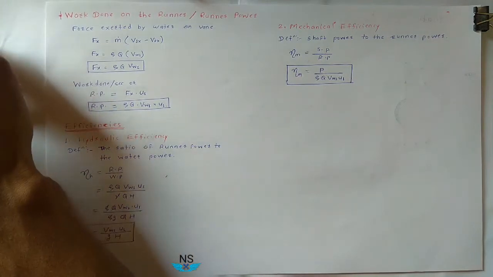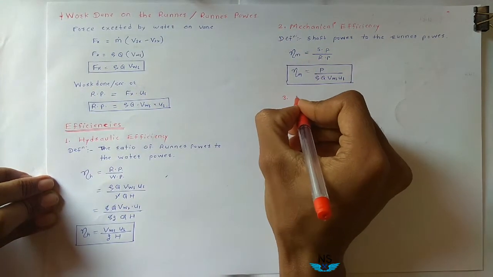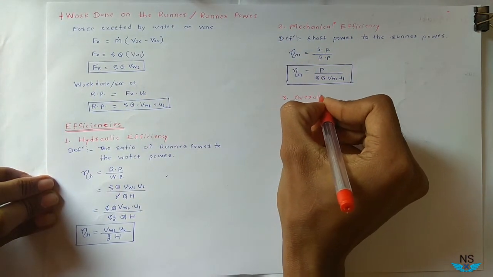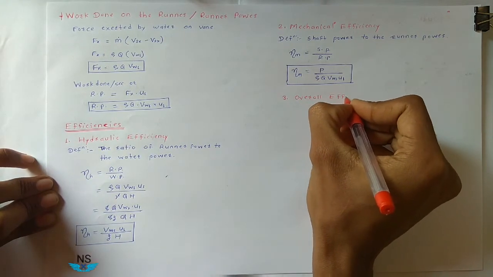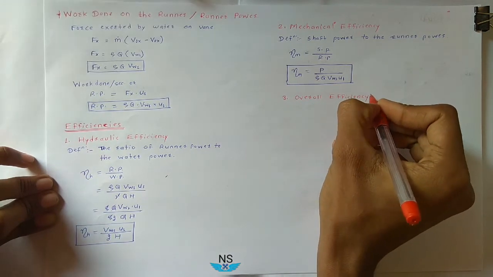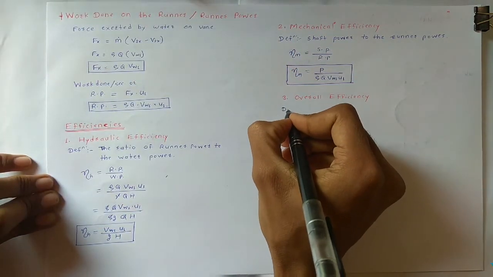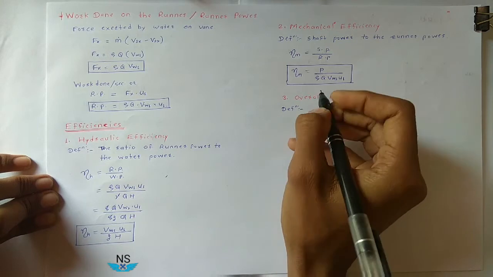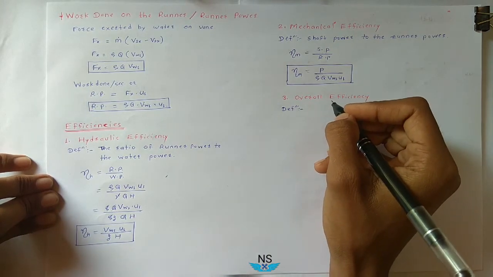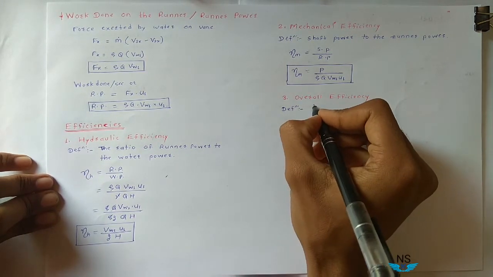Now the third and last efficiency is overall efficiency. What is overall efficiency? Overall efficiency is the ratio of shaft power to the water power.